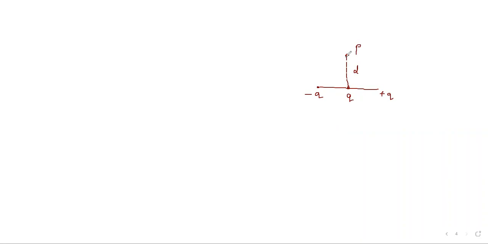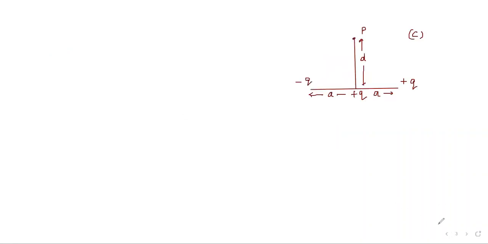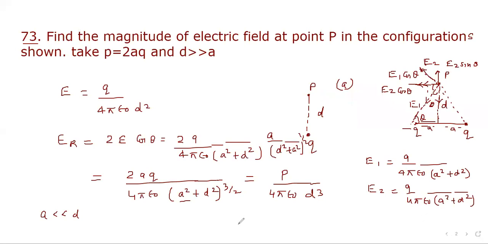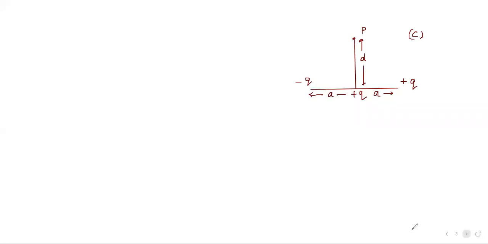As we have seen in the previous case, the electric field at point P due to the dipole is E dipole equal to p upon 4 pi epsilon naught d cube.